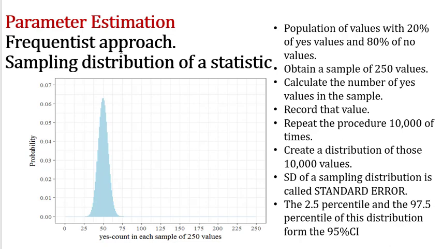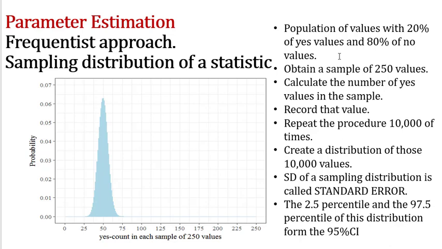So we've got a population of values with 20% of yes values and 80% of no values. So now from that population, let's say that we actually do it. We actually create a population with 20% of yes values and 80% of no values.